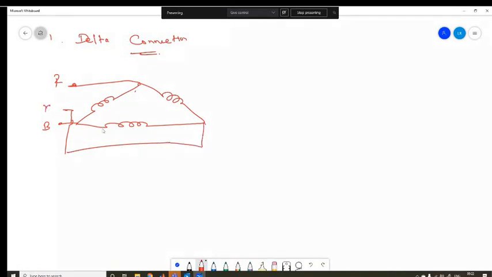So it's R, Y and B. Say this is the current IBR. Mark these terminals also. This is R, B and Y. So this is the current IRY, and this is the current IYB. So that was actually a 4-wire system, because the neutral point was involved, and here it is actually a 3-wire system, R, Y and B.